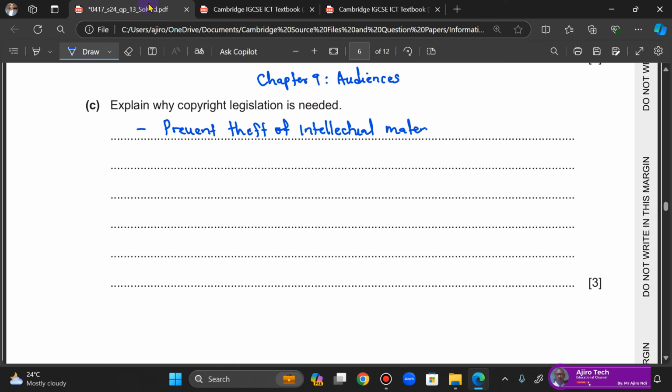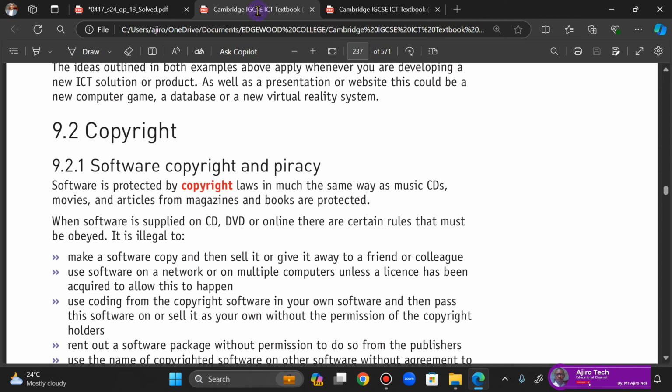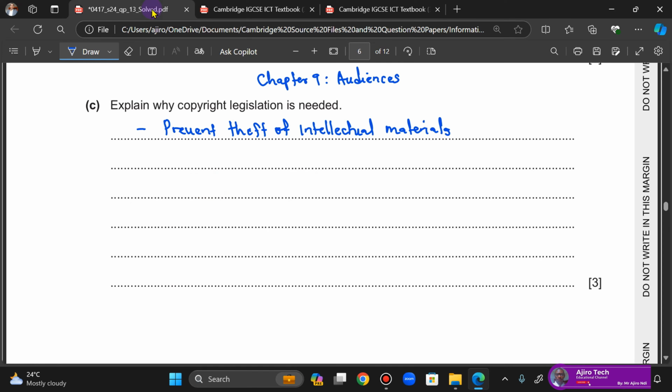And this is not just in books, but also software, movies, articles, etc. So it prevents theft of intellectual properties.